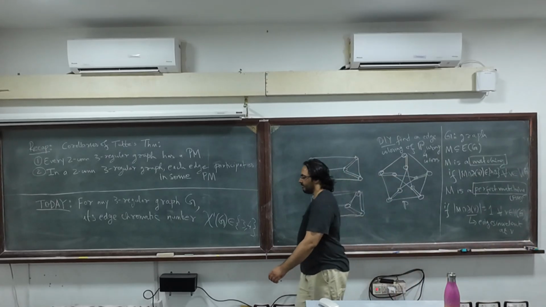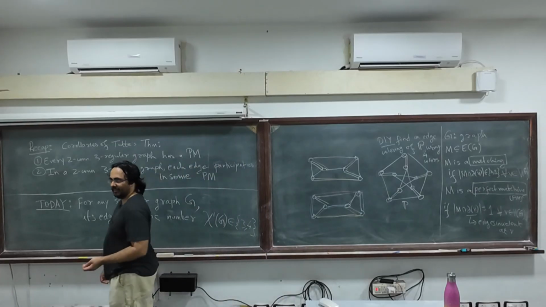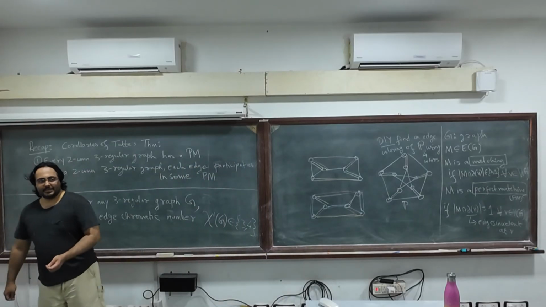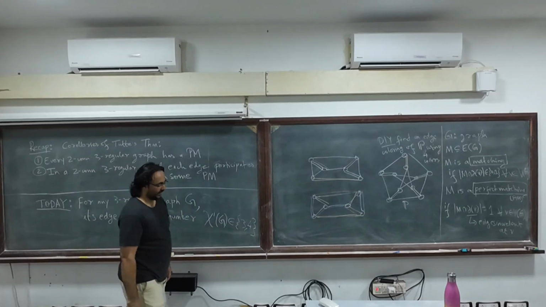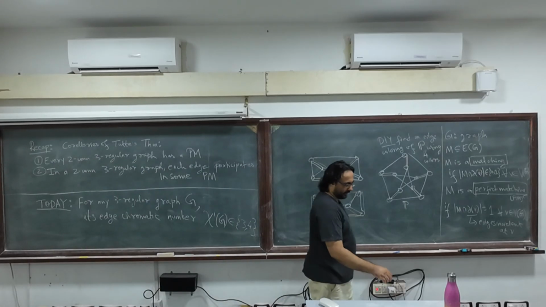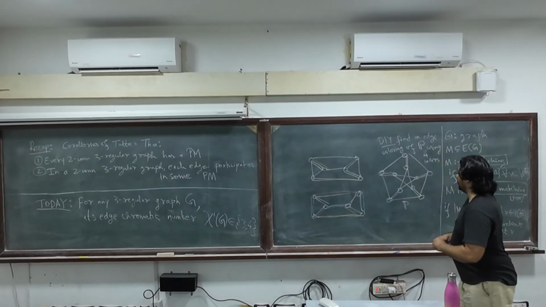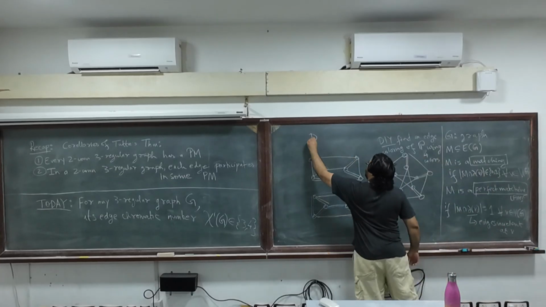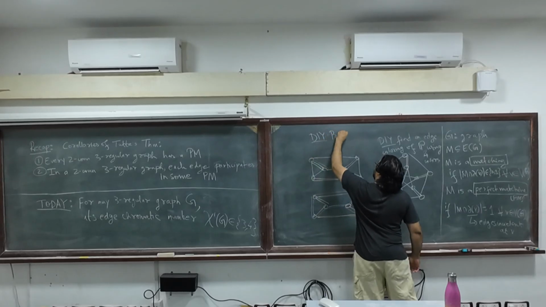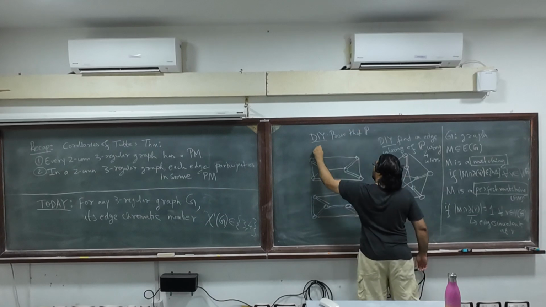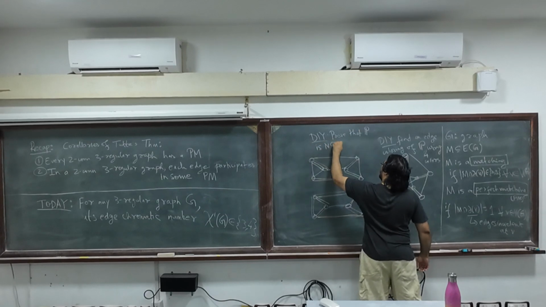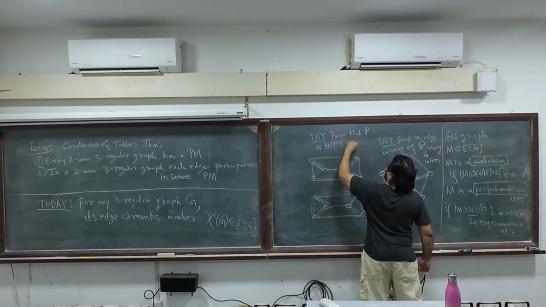Of course, what is more interesting, which we did yesterday, is that this graph is not 3H colorable. Right? Those who were not there yesterday, you can try it later. Here's an exercise for you. Prove that Petersen graph is not 3H colorable.